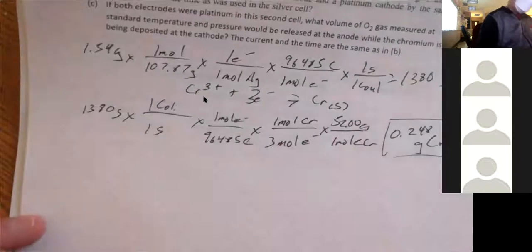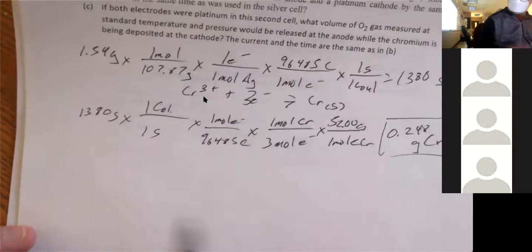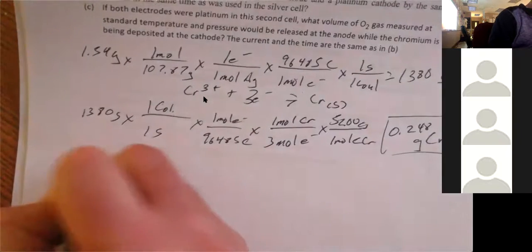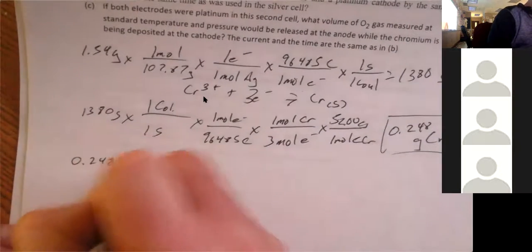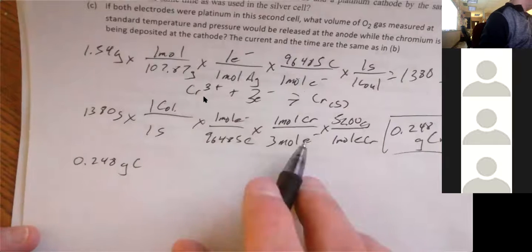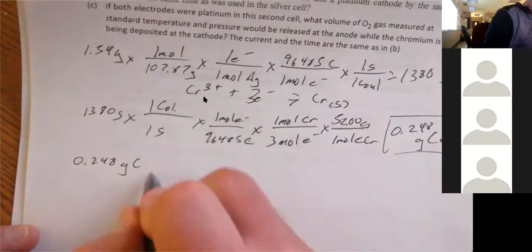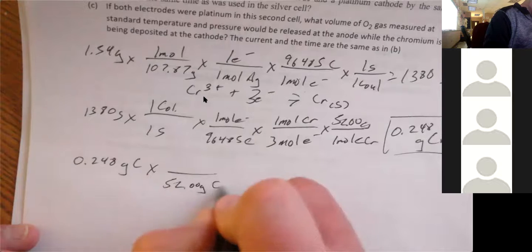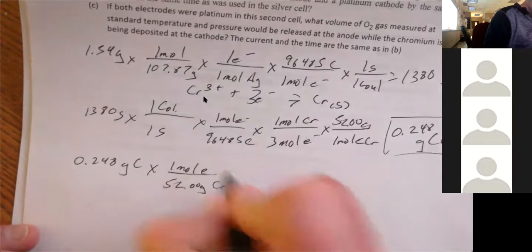So what do you want to do? Do you want to do the seconds or do you want to do the chromium? I'd say we just go ahead and do the chromium. Grams of chromium, because we've already got a lot of this set up, don't we? Every 52.00 grams of chromium is 1 mole of chromium.